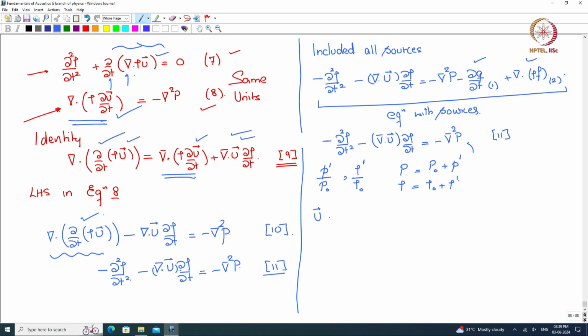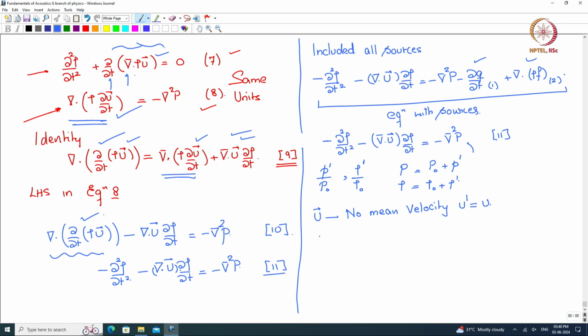There is no mean velocity. The fluid has no mean velocity, so the acoustic particle velocity u dash is that velocity. Okay, u is the acoustic particle velocity, so I will start using u dash for u.